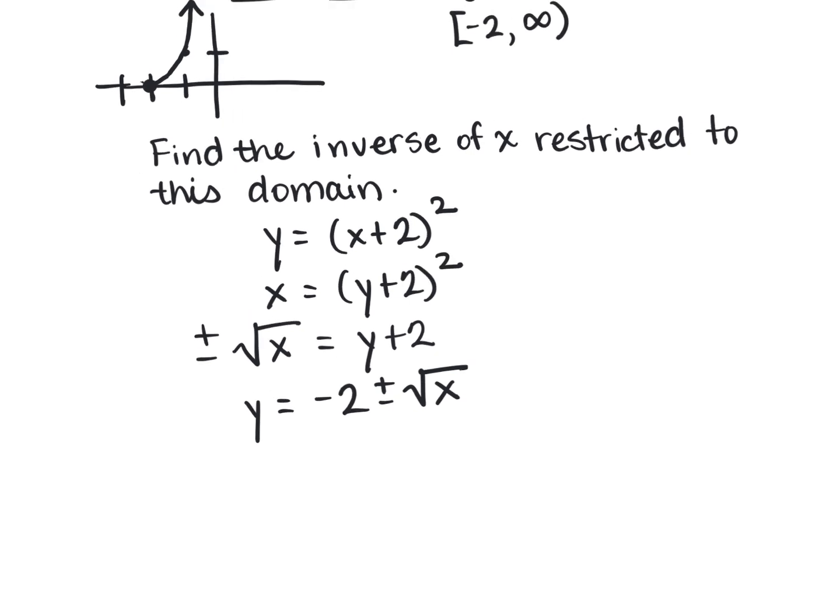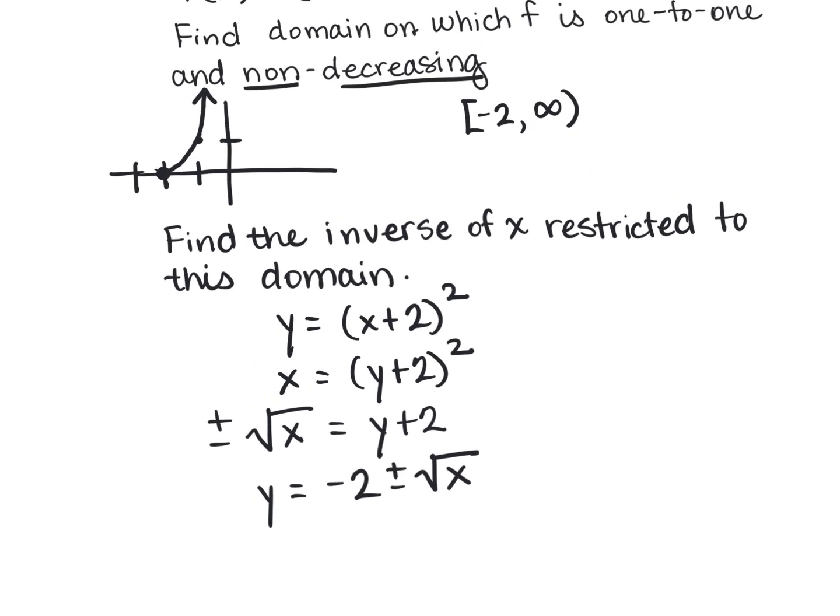So I'm going to go back up to this graph, and I want to talk about what happens when I try to graph this. We have the ordered pair point negative 2, 0, so mine will be 0, negative 2. The other point I have is negative 1, 1, so if I go 1, negative 1, then this is telling me that the graph for my inverse goes this way.